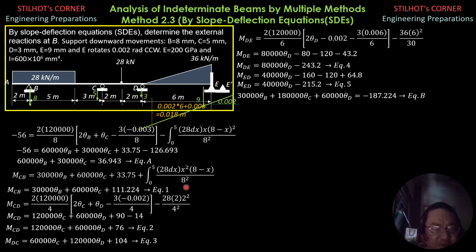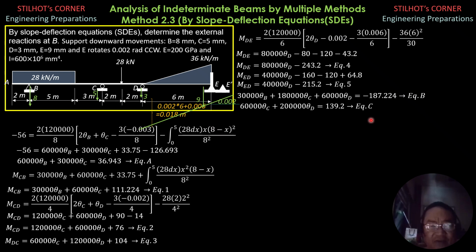Again, that's equation 1 plus equation 2, adding, then equate to 0. This is the result. Then at D, MDC plus MDE equals 0. That is equation 3 plus equation 4 equals 0. So that would be 60,000 theta C plus 200,000 theta D equals 139.2, equation C.